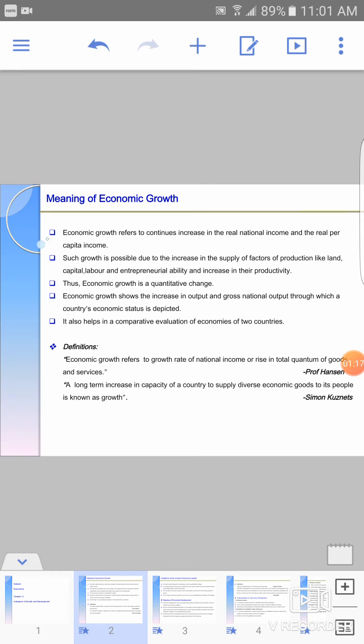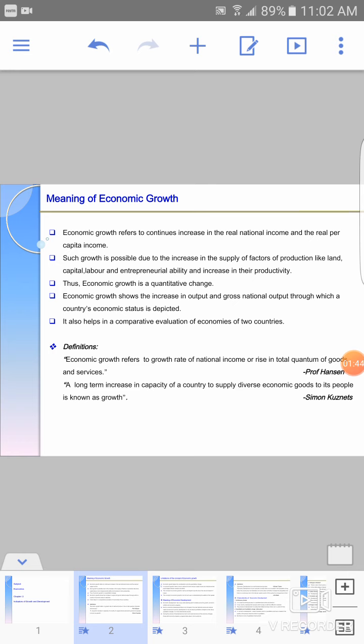As we all know that supply of factors of production are what? Land, capital, labor and entrepreneur ability. An increase in their productivity, alright? Increase in their productivity means the supply of production, there is an increase in all these factors of production. Okay, that is basically called growth, economic growth.